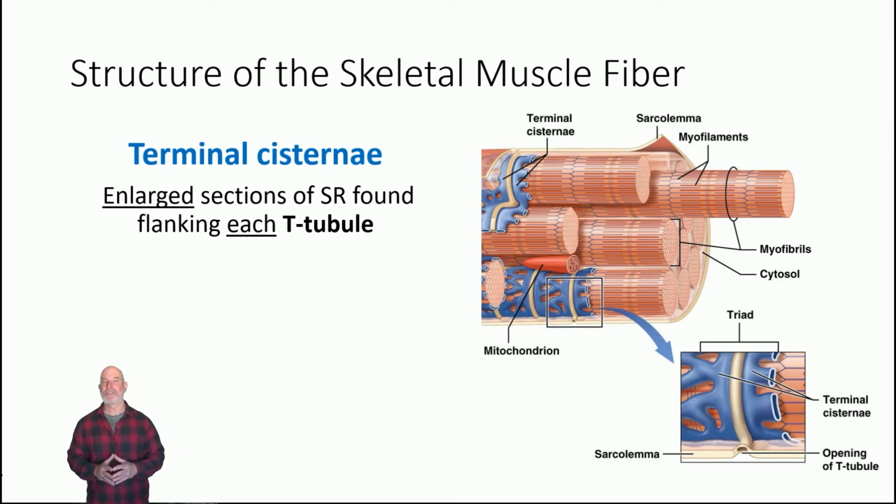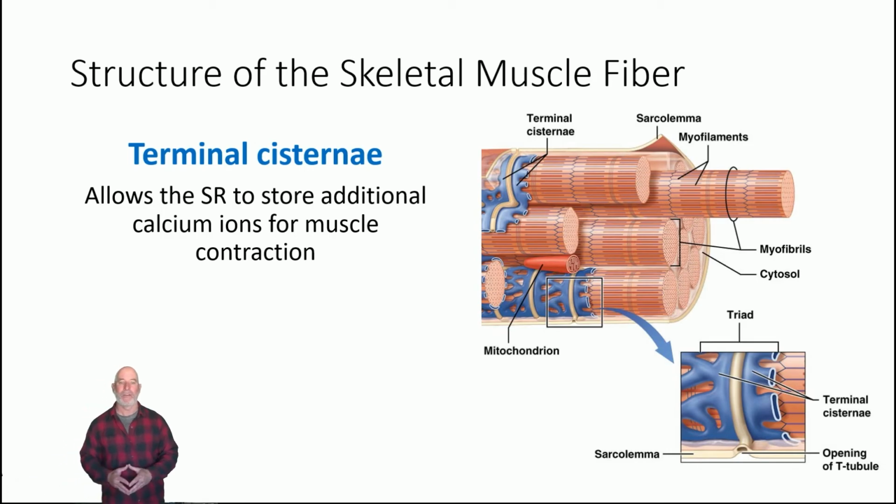If the T-tubule is going to help propagate the signal to contract into the muscle, and you need to release calcium ions for the muscle cell to contract, then of course you would have your terminal cisternae holding all the calcium ions right next to the T-tubule, so you can have a signal rapidly release those calcium ions, causing a muscle contraction.